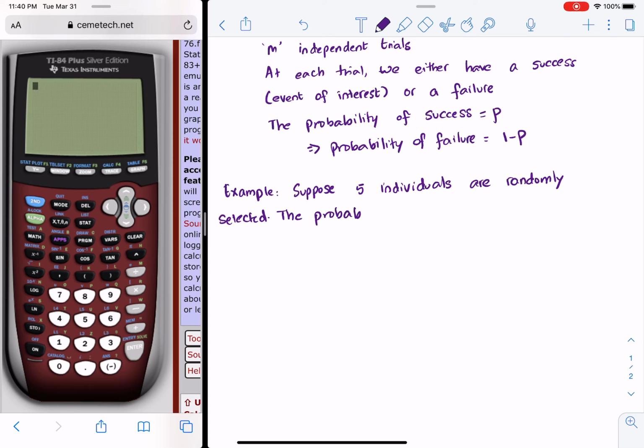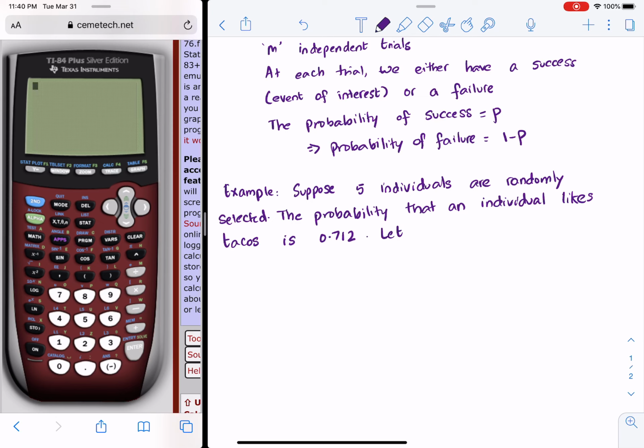We are selecting 5 individuals at random, and the probability that an individual likes tacos is 0.712.